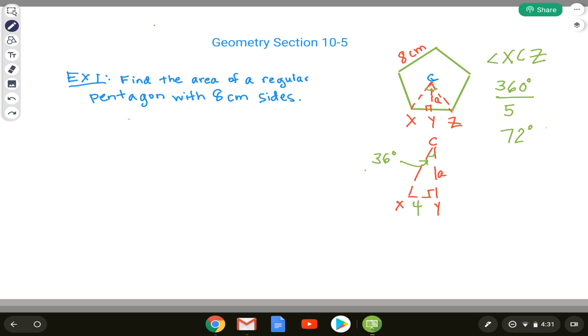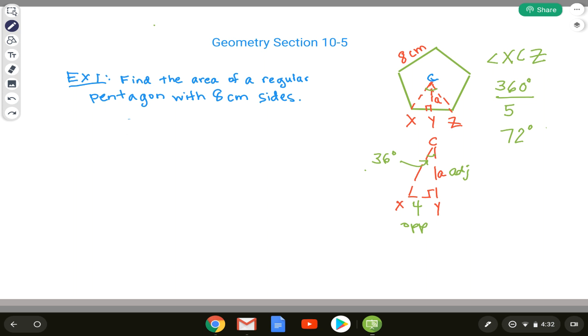Now, thinking back to the trigonometric functions that we had, sine, cosine, and tangent, tangent was the one that did not use the hypotenuse. And since we don't have the hypotenuse labeled, which would be CX, I'm going to use tangent because I've got an opposite side, which is XY, and an adjacent side that I'm looking for, which is labeled A, but it's CY.